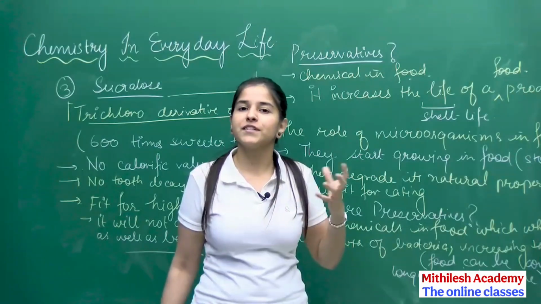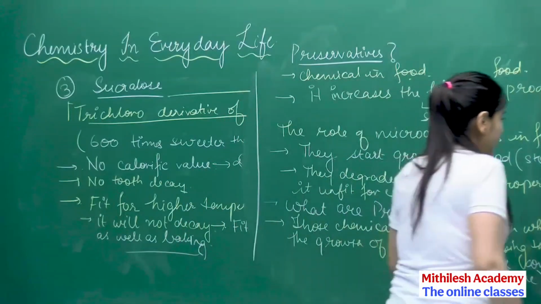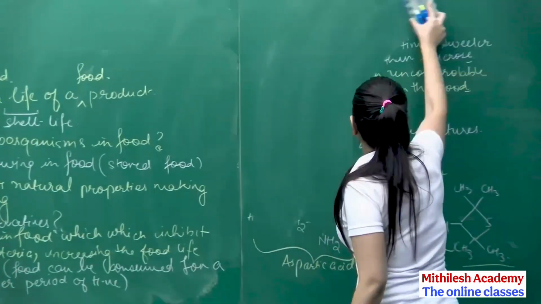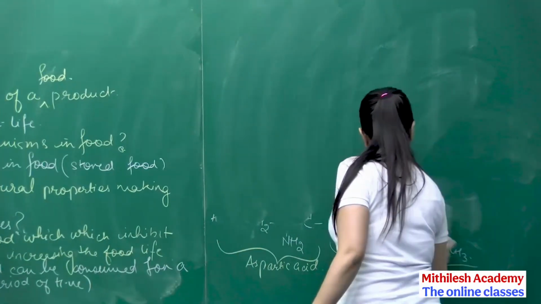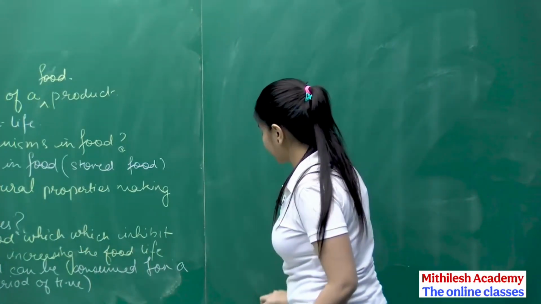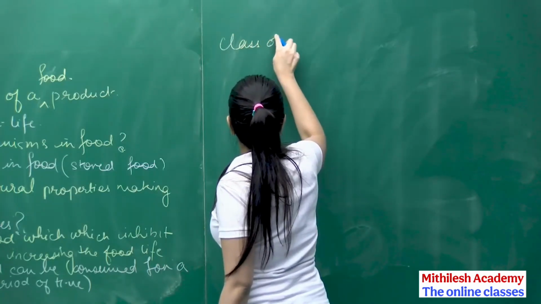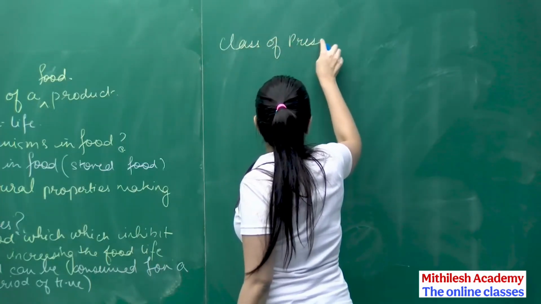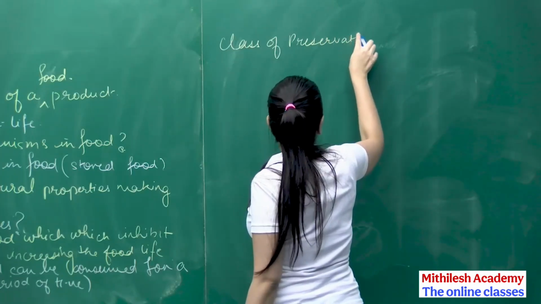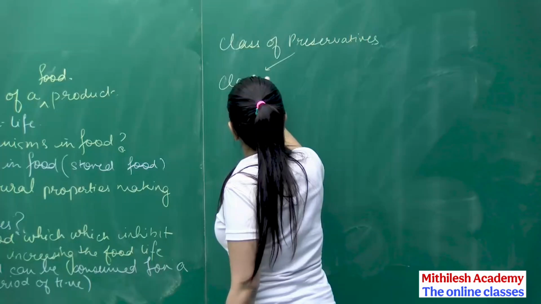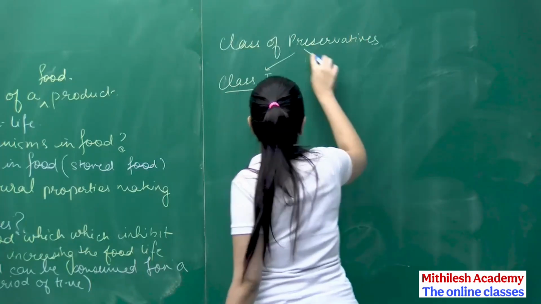Now let's move on to the types of preservatives. We have 2 classes of preservatives over here, class 1 and class 2. Class 1 are the simple preservatives.